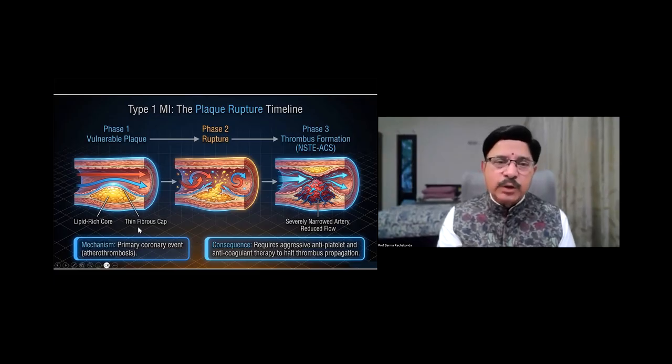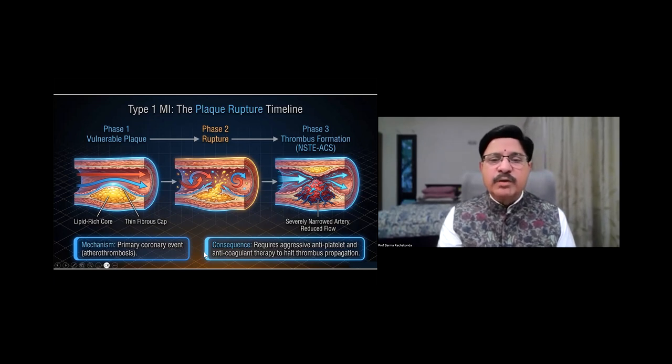That may narrow the vessel, but generally they don't progress this way. What is the consequence? This particular state requires aggressive antiplatelet and anticoagulant therapy to halt thrombus formation, propagation, and complete occlusion. This is about the MI due to plaque rupture timeline.